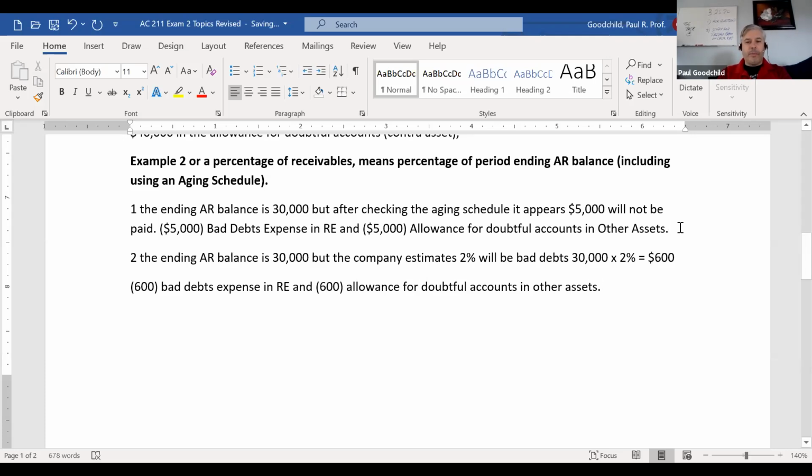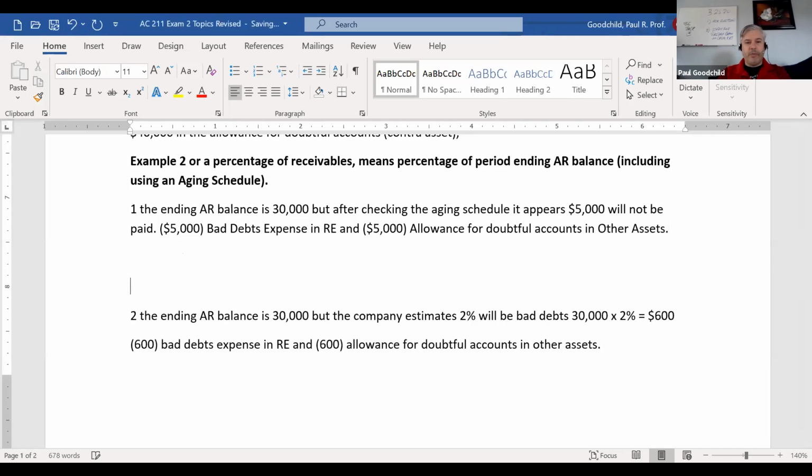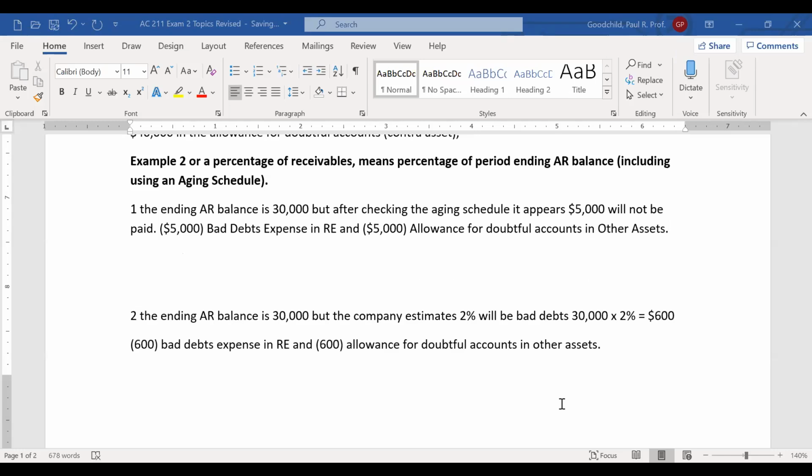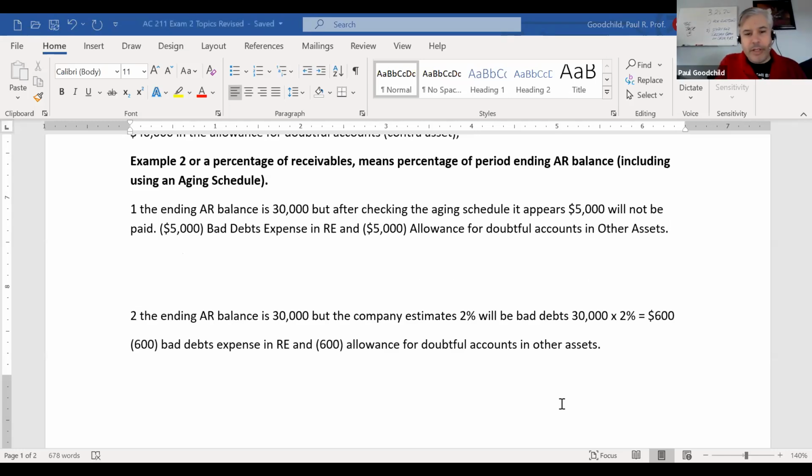if you don't remember what an aging schedule is, does everybody remember what an aging schedule is? Let me throw out the poll. Yeah, can you go over that again? If you don't remember what an aging schedule is, click on the no. If you do remember, click yes.